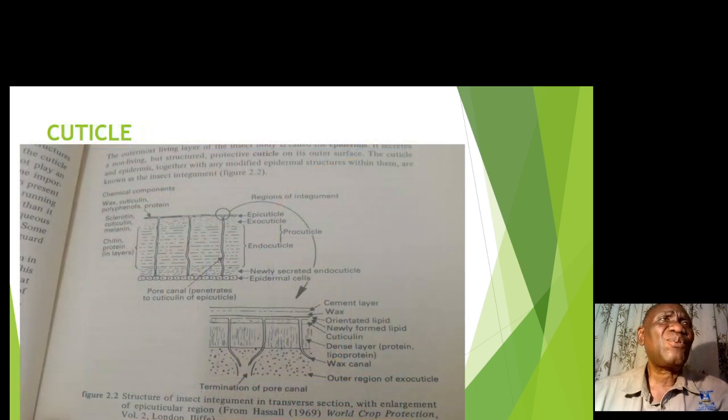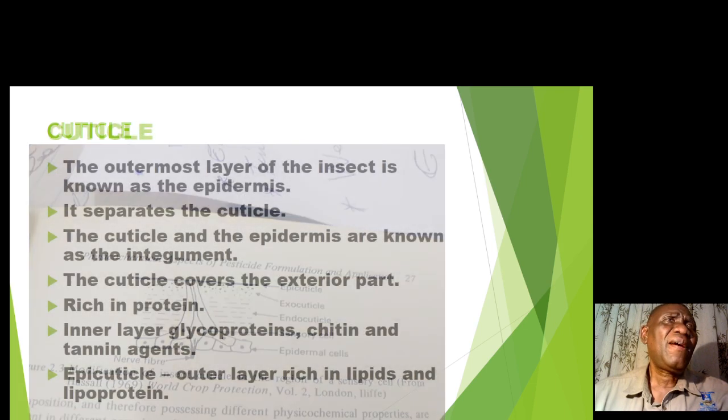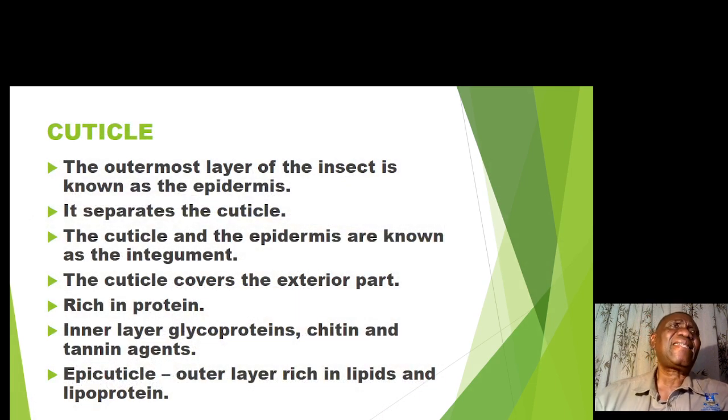Here I've got also some details which you can check in your PDFs for the detailed structure of the cuticle for insects. Again, these are some of the details, but what we know is that we have a cuticle which prevents entry of pesticides into the insect pest.